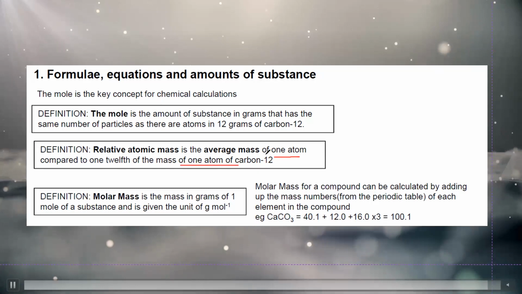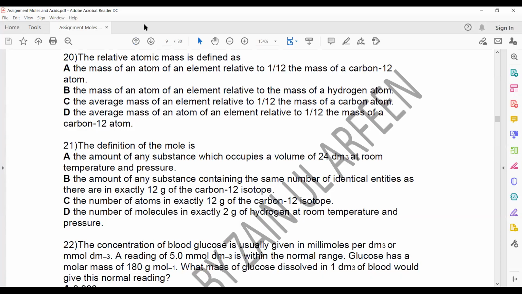But in the options, when you check, average mass of an atom of an element relative to 1/12 mass of an atom of carbon 12, both ways we have to use this term because this is a standard definition. That's why atom is used here.